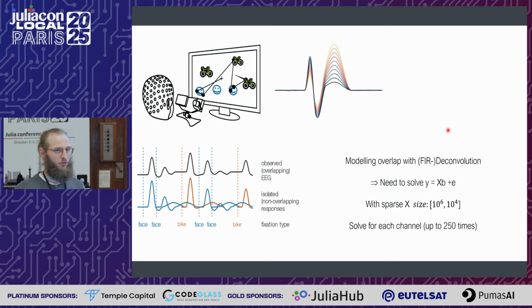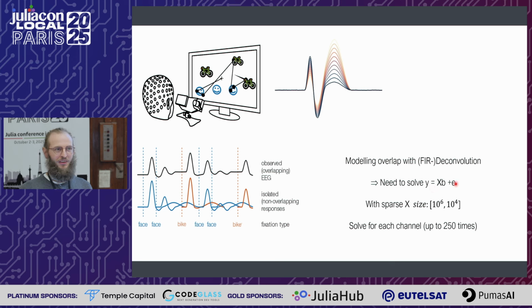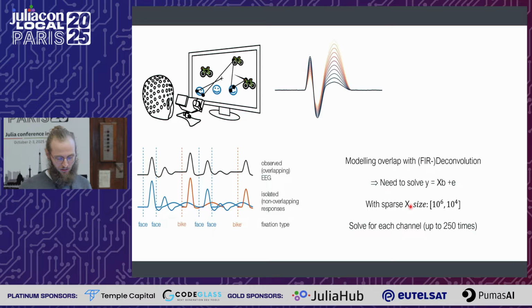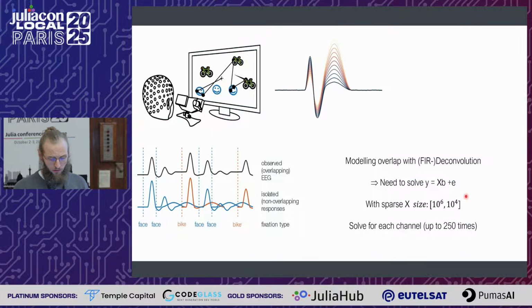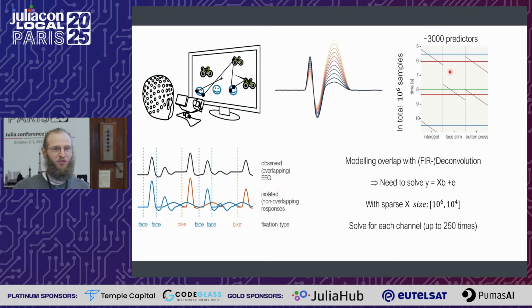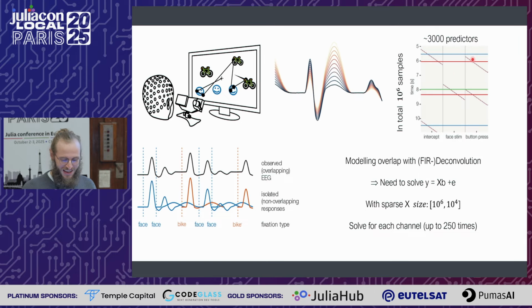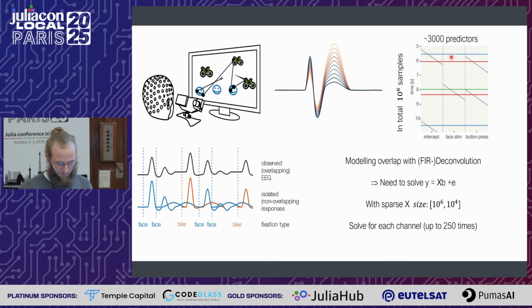This has relation to the linear system identification literature, but we need to solve this famous linear system equation, but we have a very large sparse X matrix, which has 1 million or multiple million entries and has 10,000s of parameters. And this is what we need to solve not once, but 250 times, right? This is just to get an impression. If somebody is into linear algebra, I'm happy to discuss what kind of stuff you can use to solve this. But it's basically just a bunch of Toeplitz matrices plugged next to each other, added up.